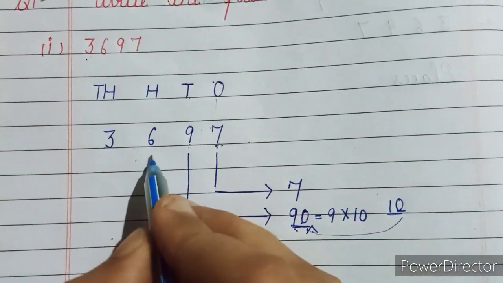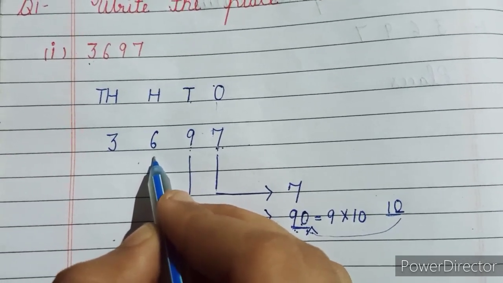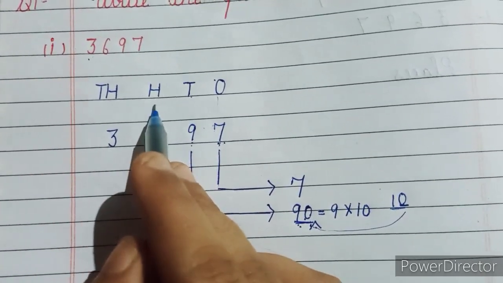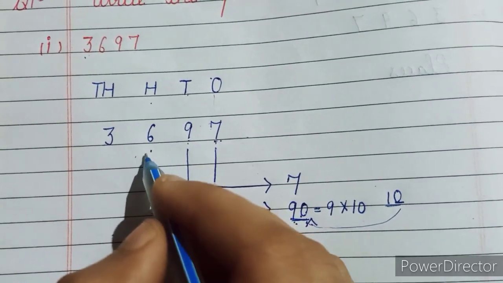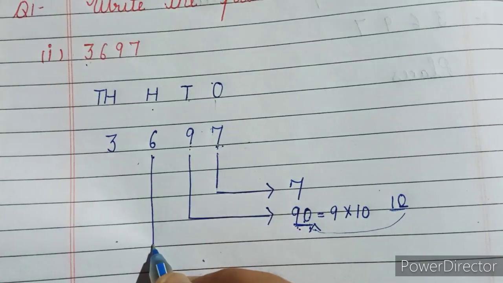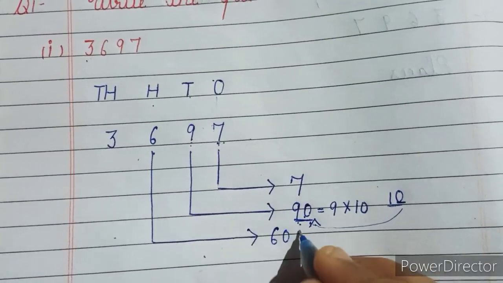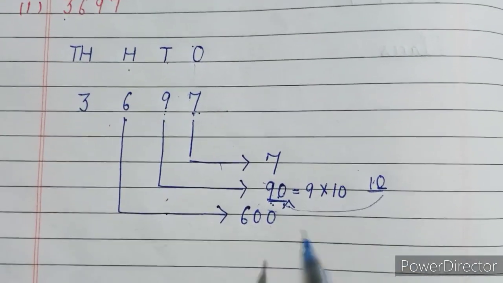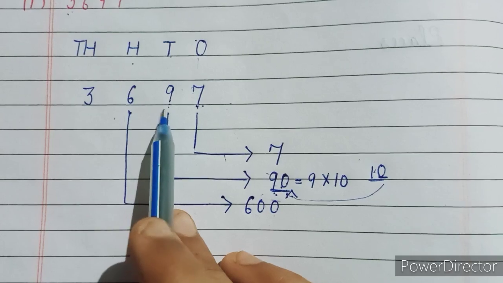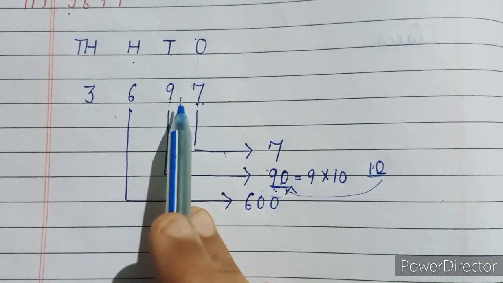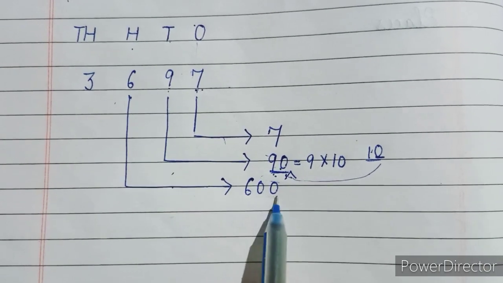Now look at digit 6. At which place is 6? Hundreds. So we have to write here 600, because there are 2 more numbers after 6. So we will put 2 zeros here.